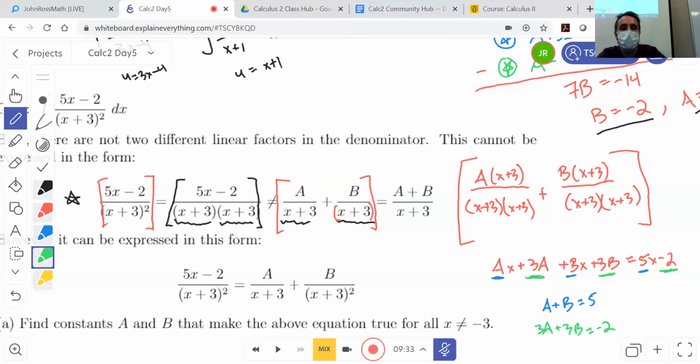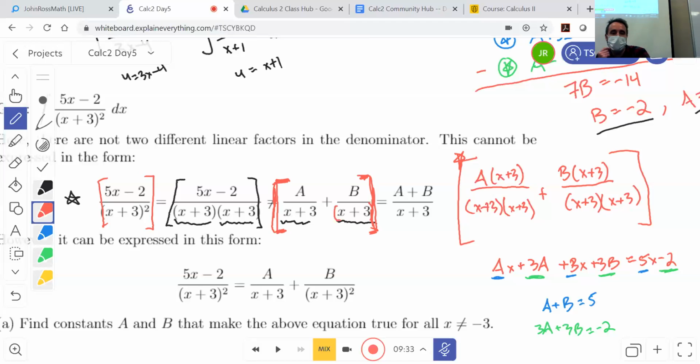The trouble here is that this original expression in red is already in the form of a common denominator. The x plus 3 and the x plus 3 already have a common denominator. So there's no need to do this recombining like we did over here. In fact, we could just add the numerators right away. So we'd end up with A plus B over x plus 3.